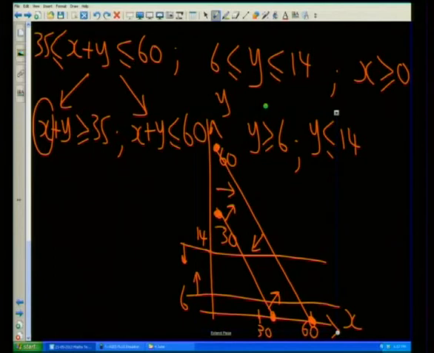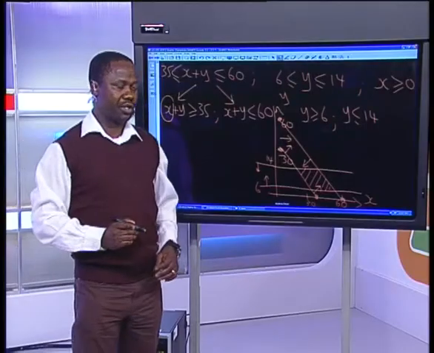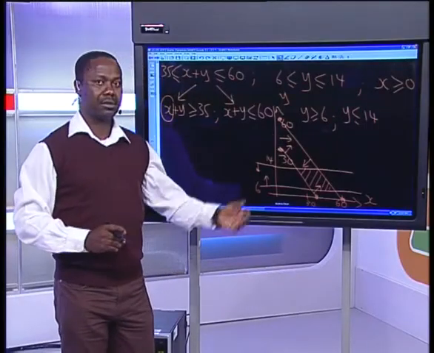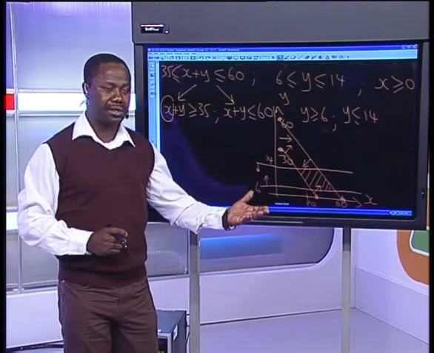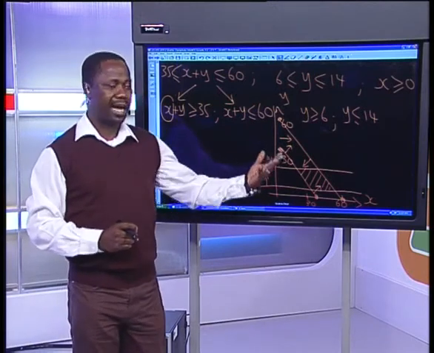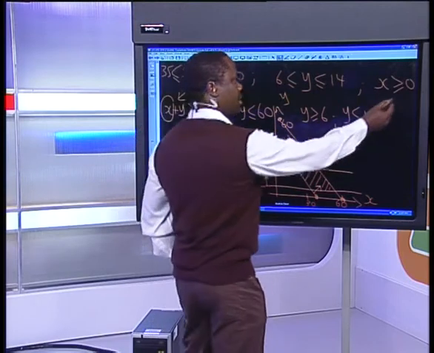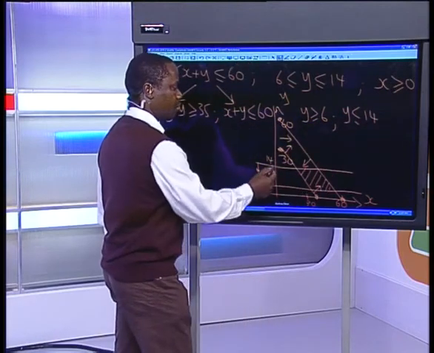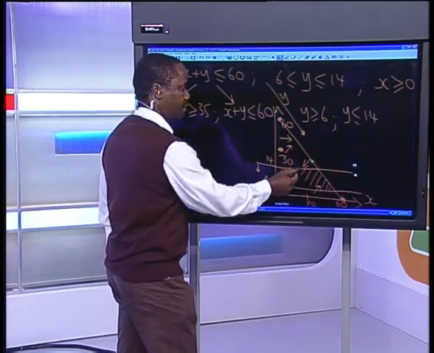So there comes that thing. Okay, let me shade my feasible region. It's simply that part. But what you will see, therefore, is that some of these inequalities or constraints are basically redundant. I didn't have to mention that because automatically one of the vertices.